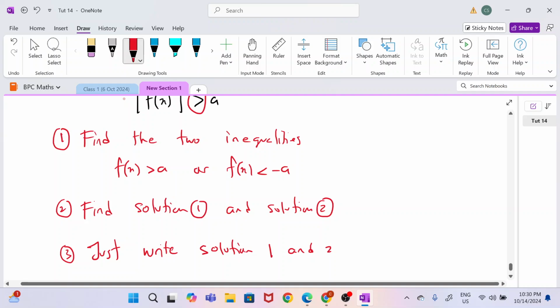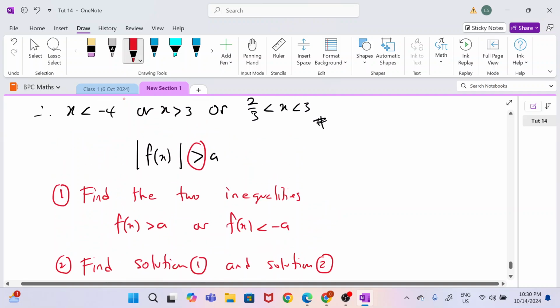So that is the difference between greater than and less than. Greater than, no intersection; less than, got intersection.